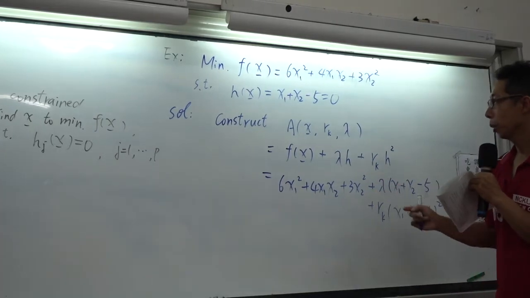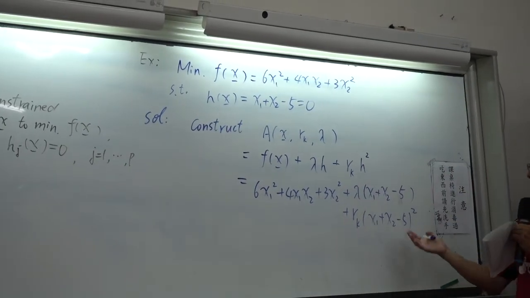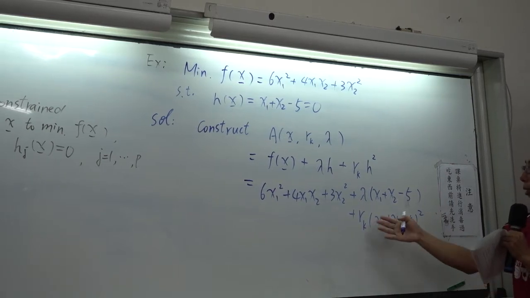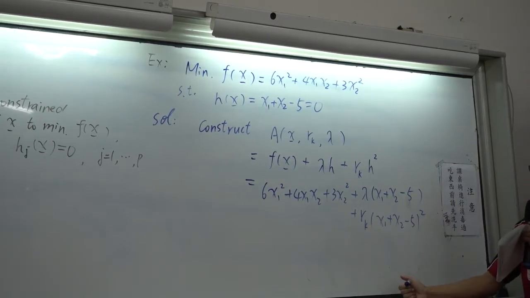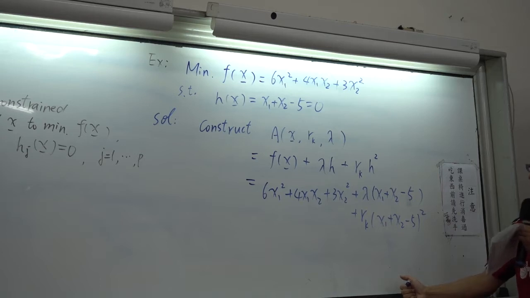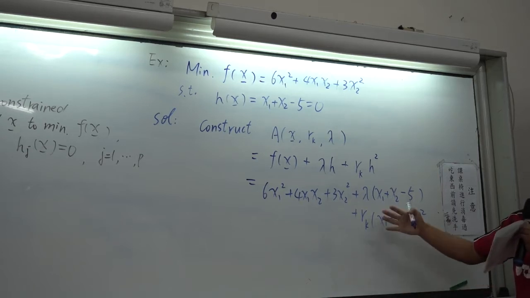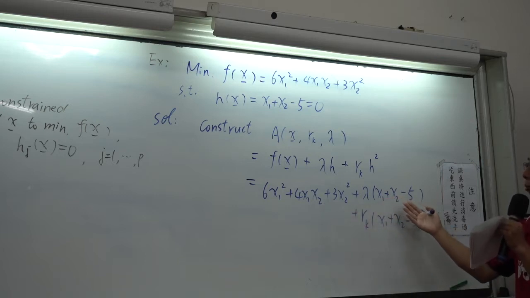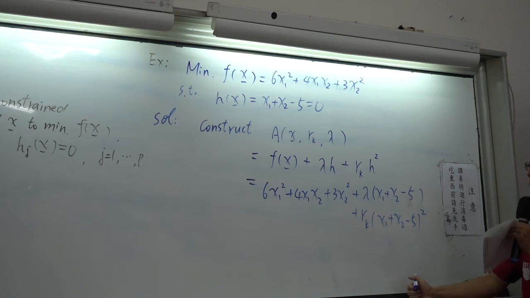Computer, what you need to do is to choose the initial values for Rk and lambda, and then use any kind of numerical algorithm to solve for the minimum value of this function A, and then update lambda.